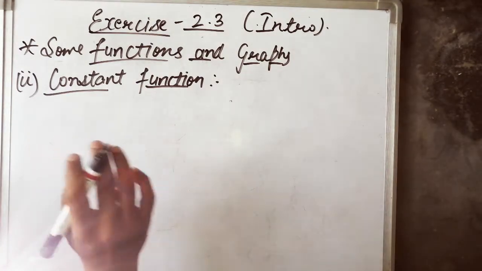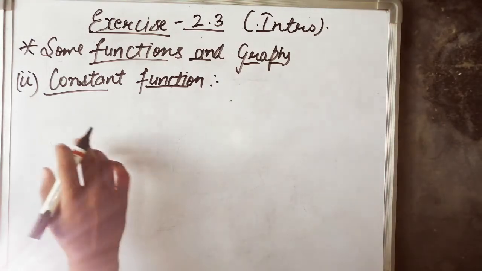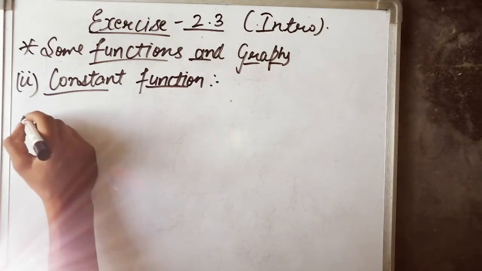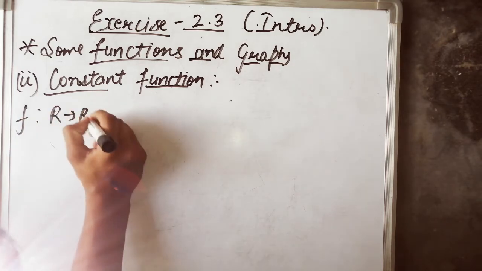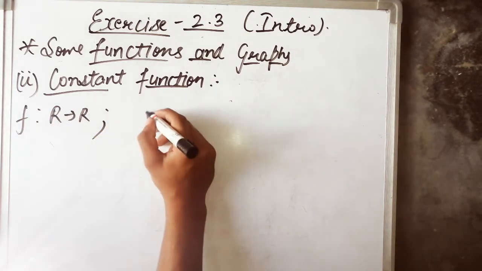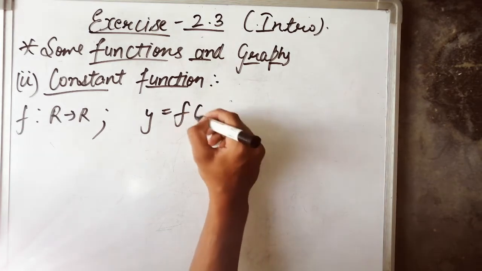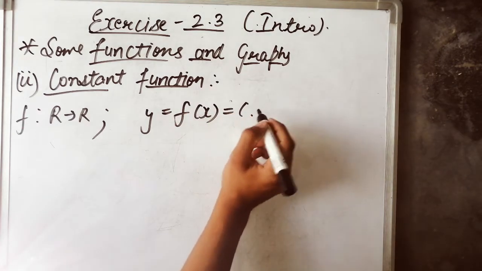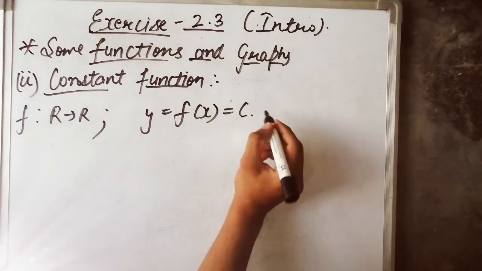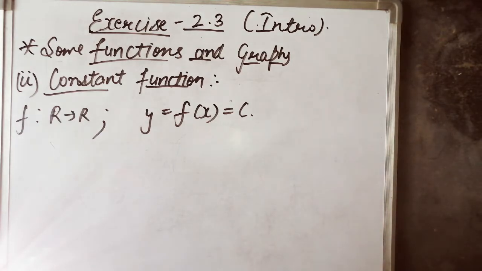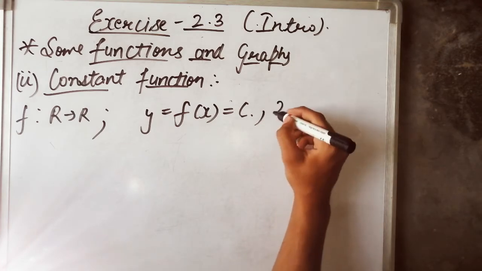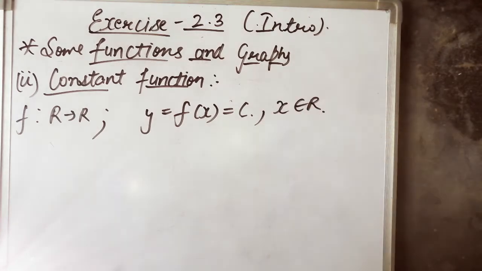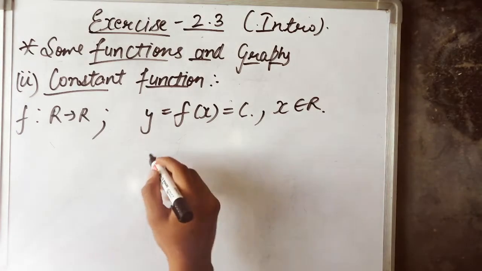The function is defined from real numbers to real numbers such that y = f(x) = c, where c is a constant, and the value of c never goes up and down. And x belongs to R here. Let's do the graph of the constant function.